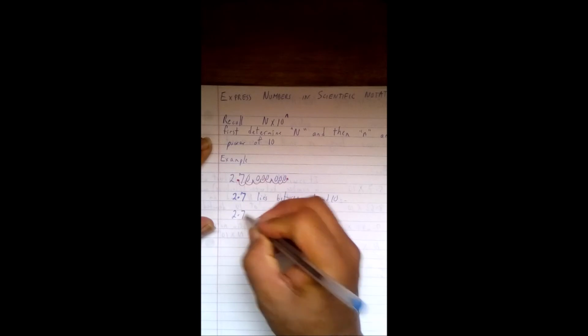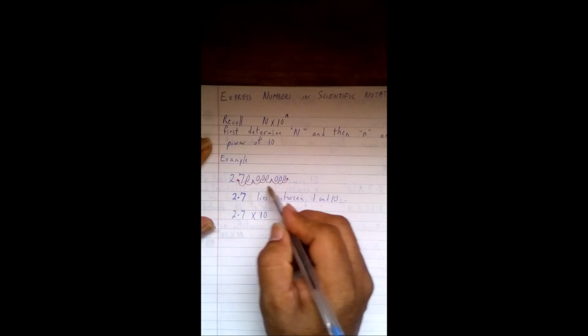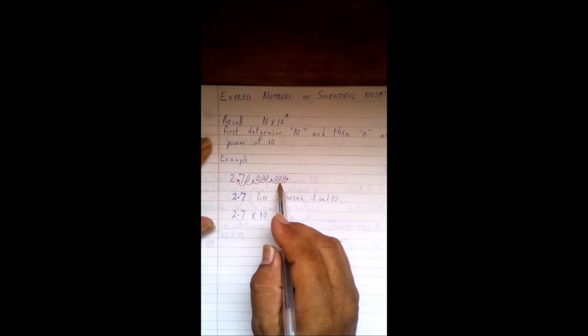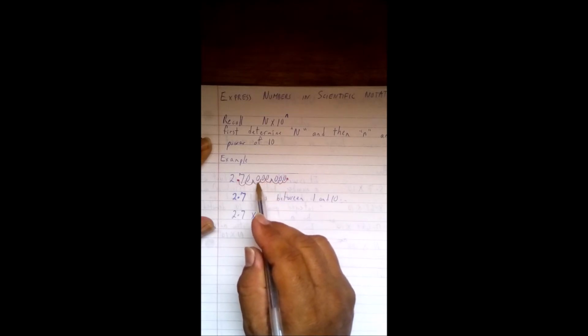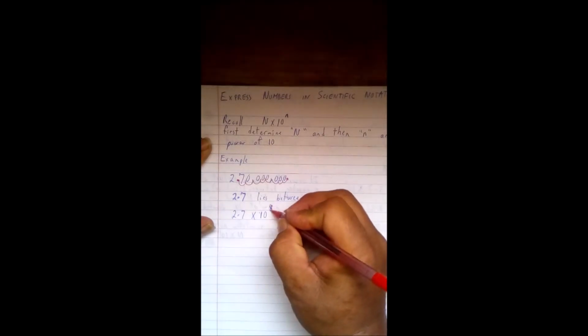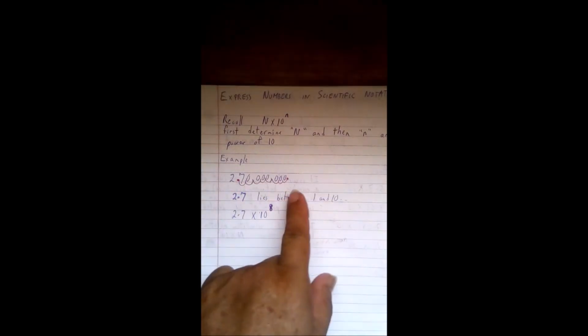Now we got 2.7, which is for the letter n, times 10, because that's the amount of places that you move. How many times did you move? 1, 2, 3, 4, 5, 6, 7, 8. So it goes to a positive 8. So the power here is for the movements of the decimal point. This number is where it ended up. Okay, so 8 places to the left it moved, so we get positive 8.